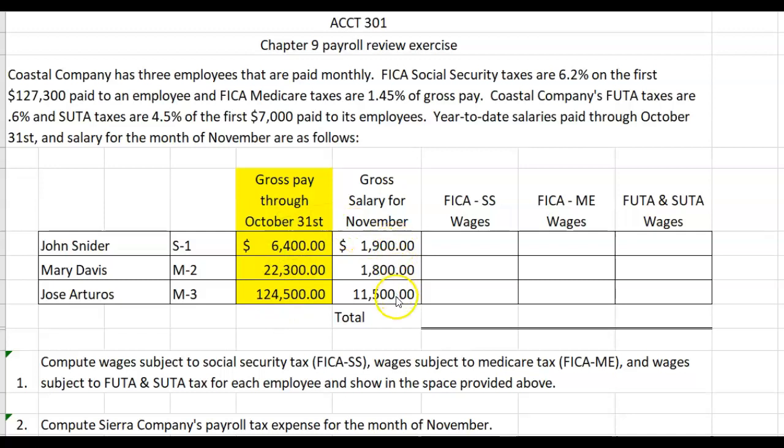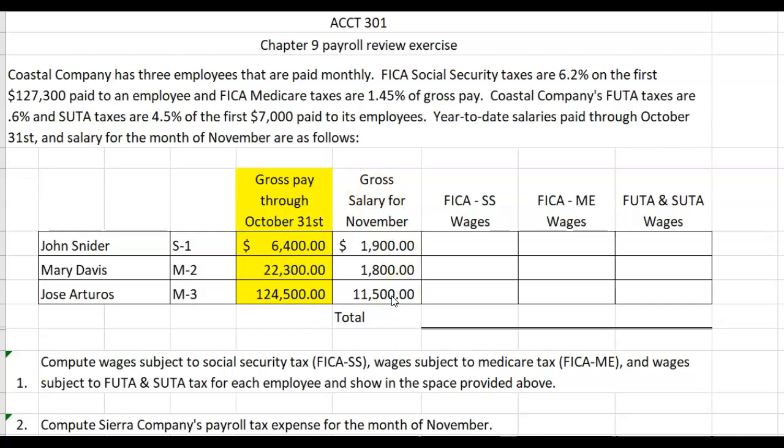We're only concerned with the salary for the month of November. However, if an employee is bumping up against the $127,300 Social Security wage base or the $7,000 FUTA or SUTA wage base, then you need to consider how much gross salary they received before the current month's salary.